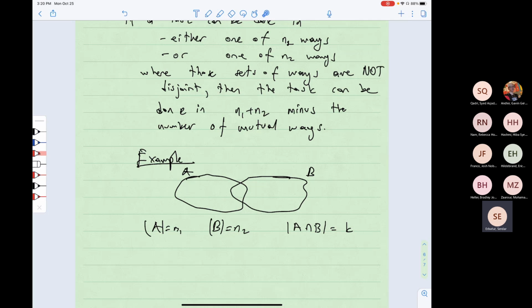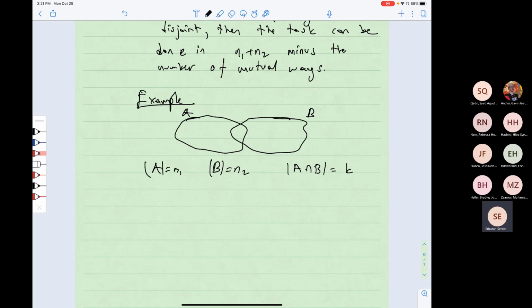Then what you would do, like I'm asking you to count, right? You look at here and count the cardinality of A union B. One simple way, of course there are many other ways to count, is to first count the number of elements in A. So you would reach N1. Then count the number of elements in B. And then according to this subtraction rule, count minus K. We know from set theory, you have to take this minus K, right?